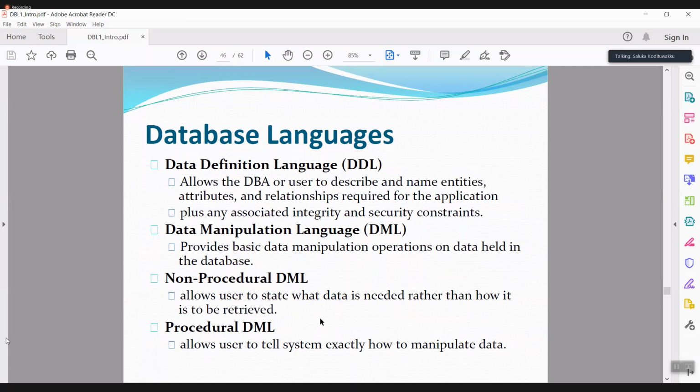But in non-procedural, you don't need to explain the structure. We state only what is needed, but we are not talking about how to retrieve the data. That is not necessary. In the procedural DML, the user tells the system exactly how to access the database. But in the non-procedural one, there is no need to say exactly how to access or manipulate.